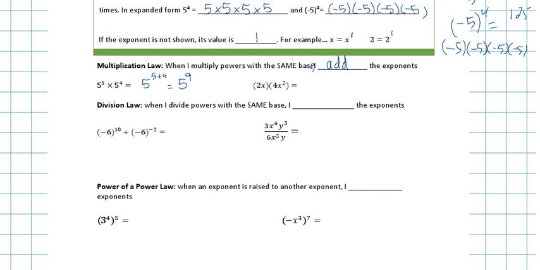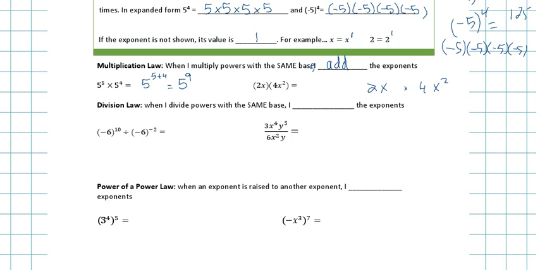So basically what you're doing here is doing 2x times 4x squared. When you have something like this, you can multiply your 2 and 4. Right? 2 times 4 is 8.